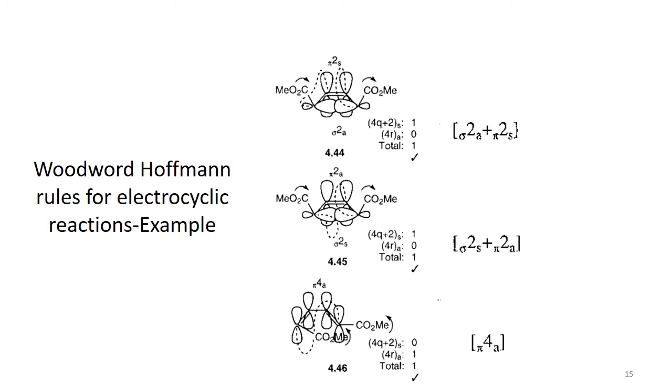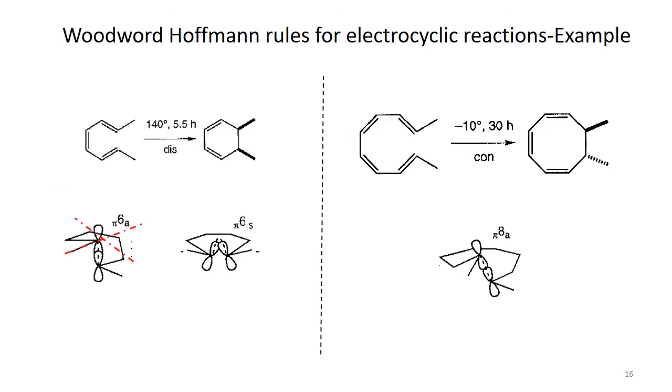So pi 4 antarafacial is also allowed. So this was all according to the Woodward-Hoffmann rule, and we have an example of the conversion of cyclobutene to butadiene. Here we have two more examples. One of them has 6 pi electrons, that is the pi 6 system, and the other one is the pi 8 electronic system.